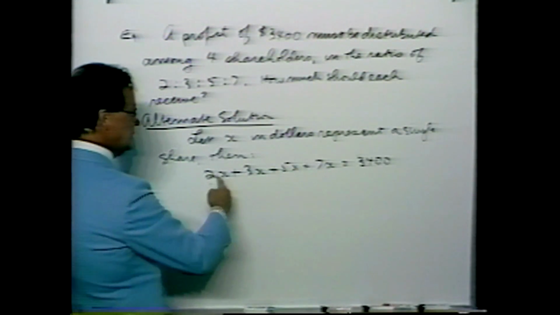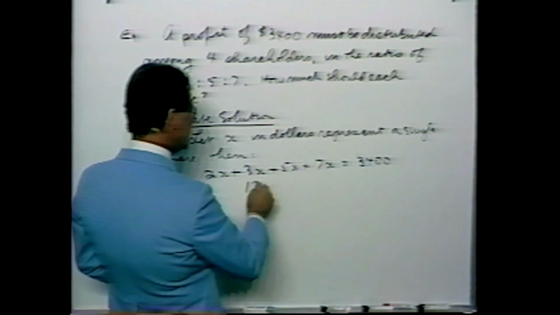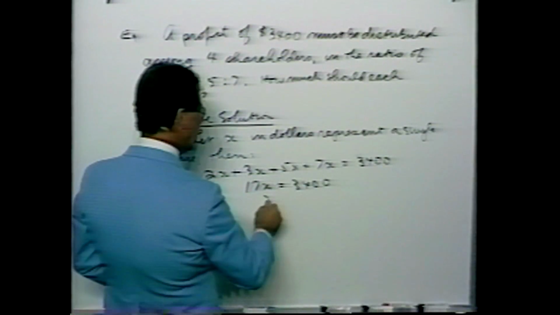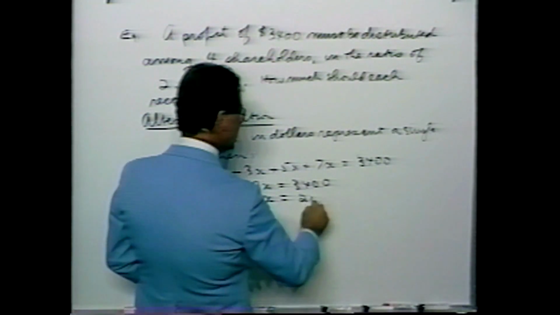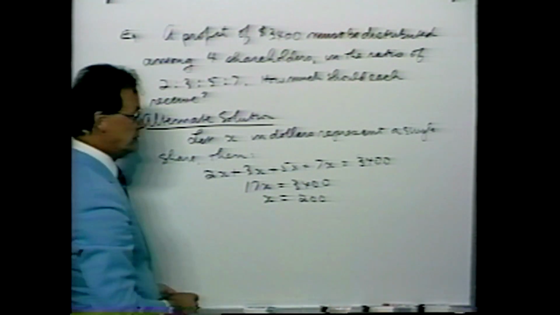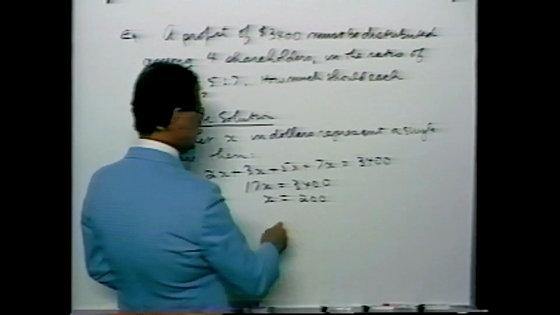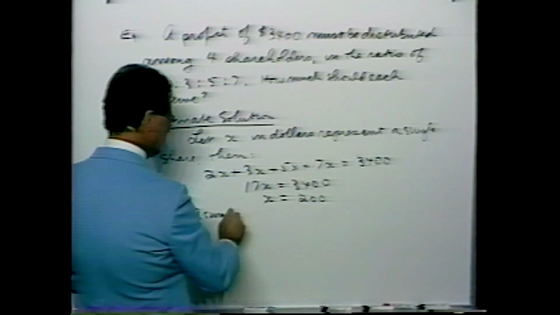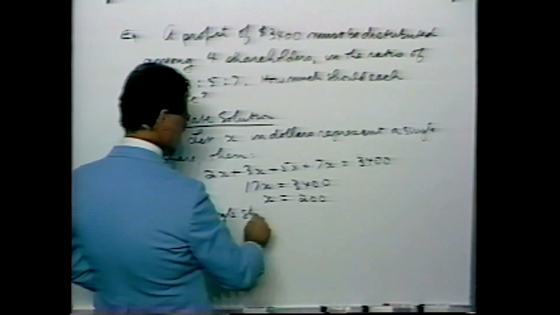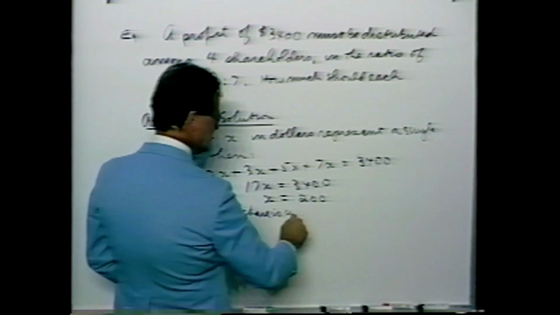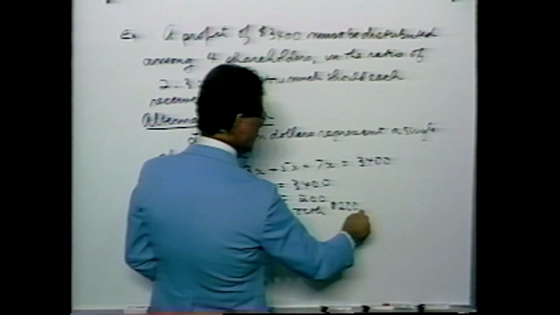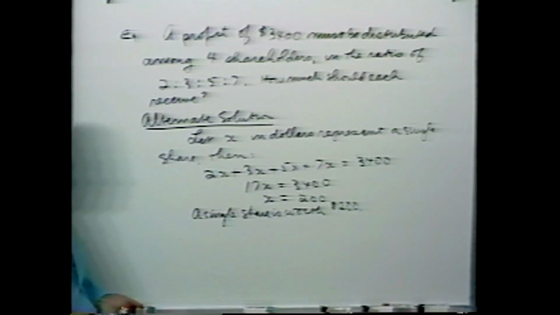If we take the sum of the left-hand side here, we end up with 17x is equal to 3,400, and x equals then 200. And, of course, that represents $200. A single share is worth $200. So what does each shareholder get?